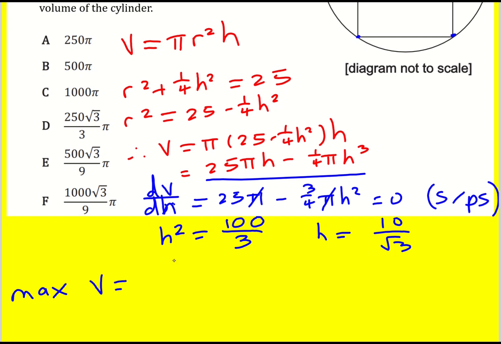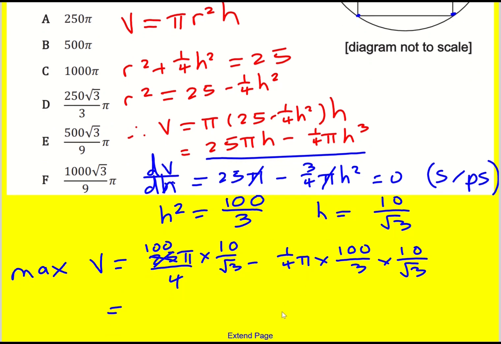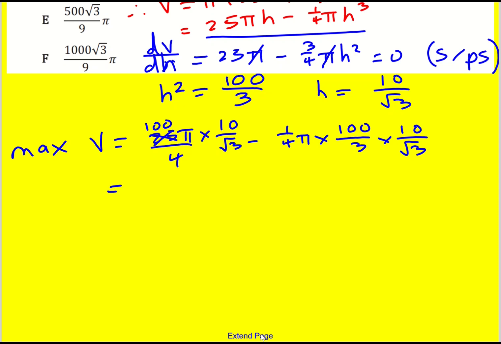So max V is going to equal 25 pi times 10 over root 3 minus a quarter pi times 100 over 3, that's my h squared part, times 10 over root 3. Let's get it all over 4. Actually, it becomes 100 pi over 4 here. Or maybe I should make it over 12. I should just change my mind to 300 over 12.